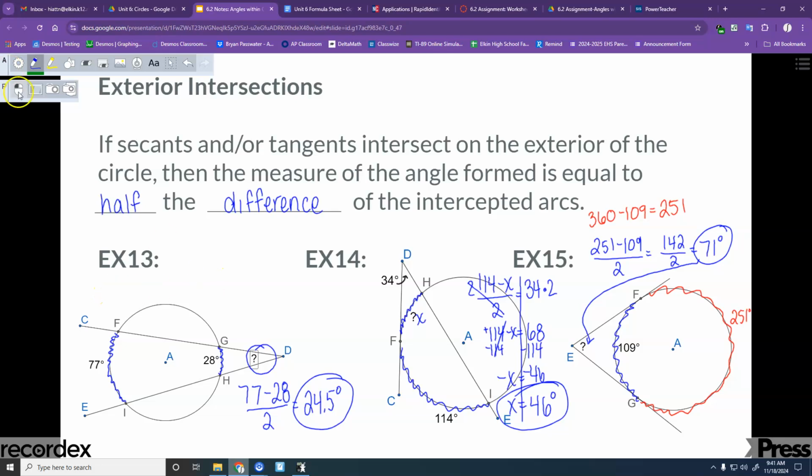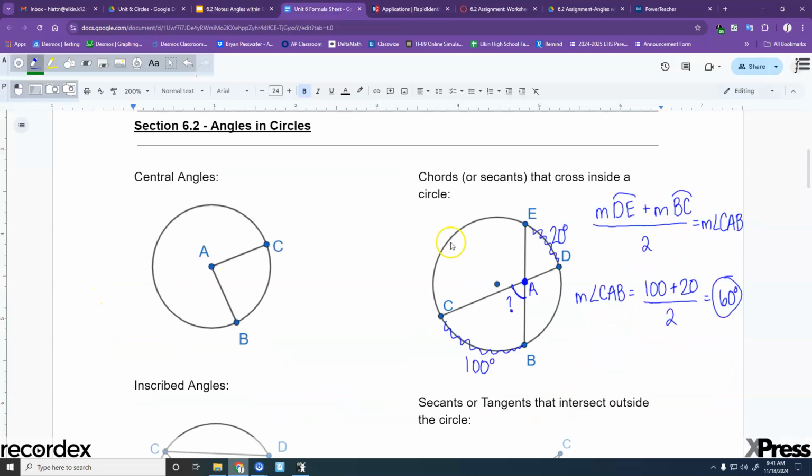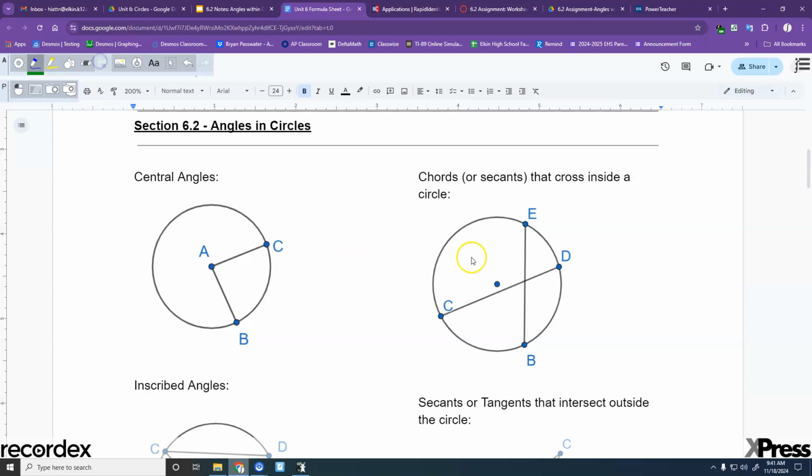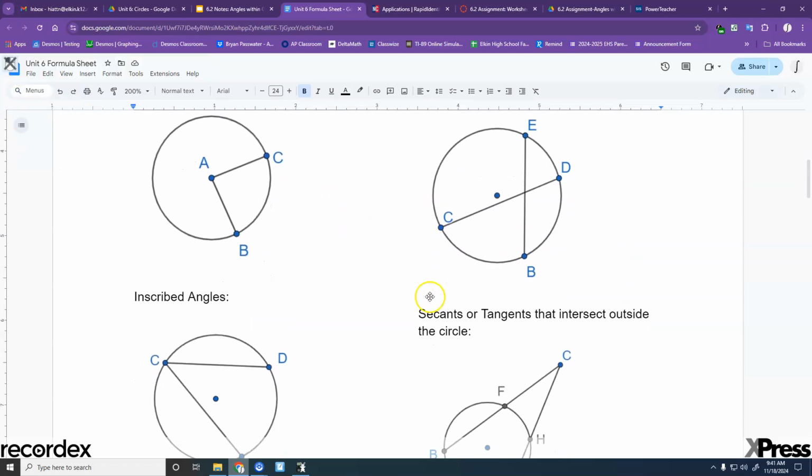All right, let's add this to our formula sheet over here. And then you guys will work on the rest of this worksheet for your assignment.